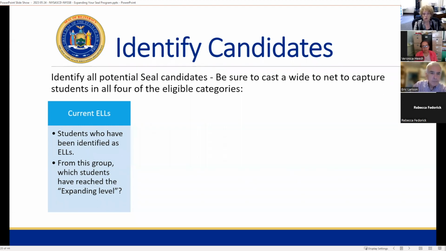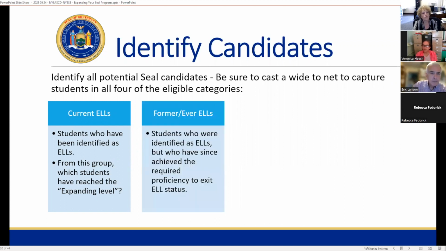These are students who have been tested in English and identified as English language learners and therefore eligible for services. You want to take this group and find out which students have reached at least the expanding level, which means they are in the target range for reaching commanding by the end of their senior year.